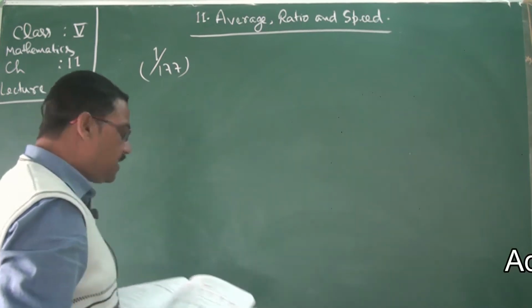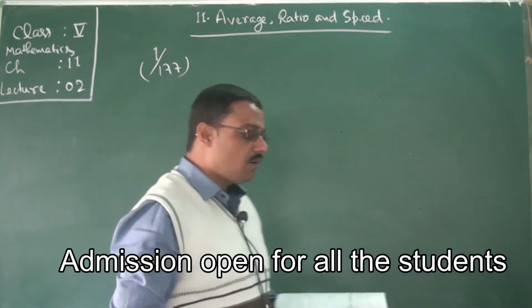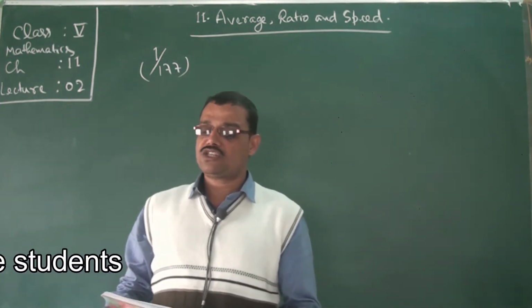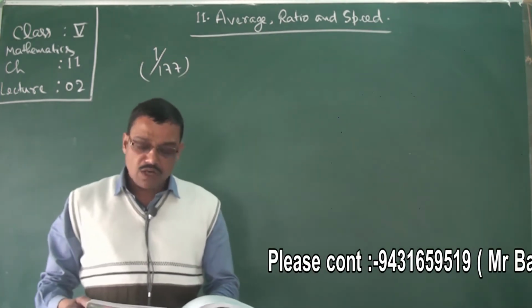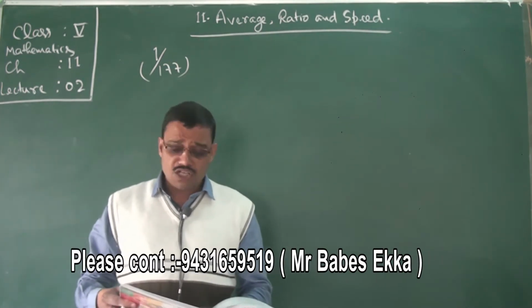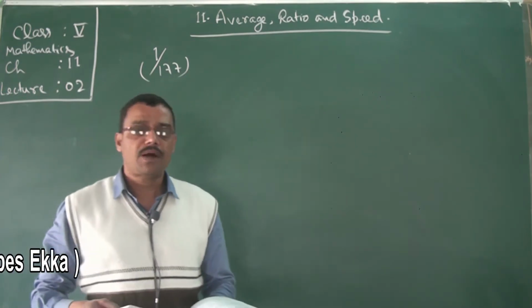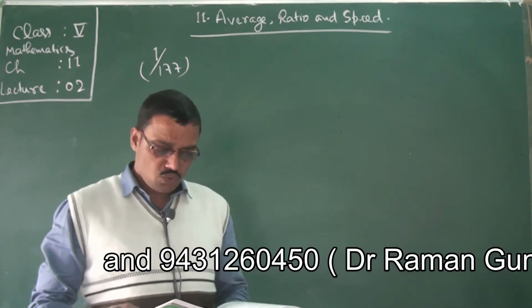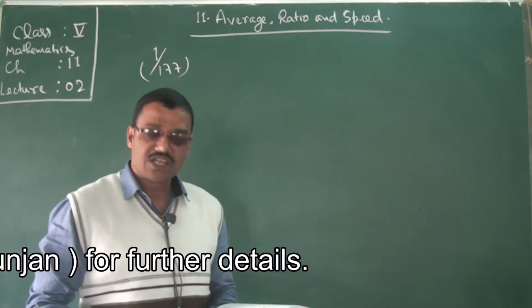On page number 177, see the consumption of rice per month for 5 months of the year for two families is given below. For the two families, consumption of rice is given for 5 months: April, May, June is not there, July, August and September.